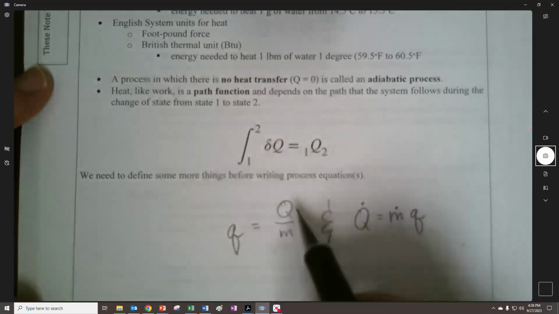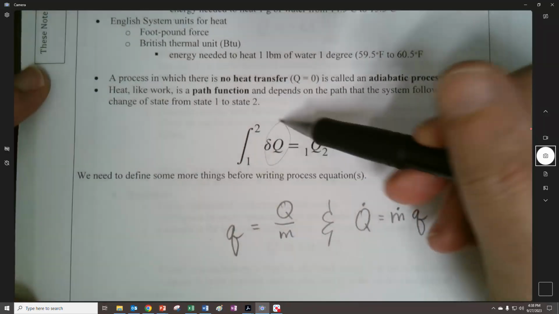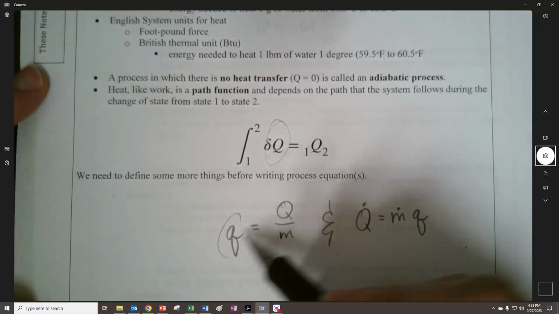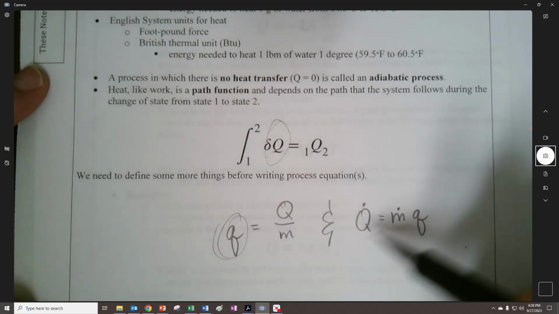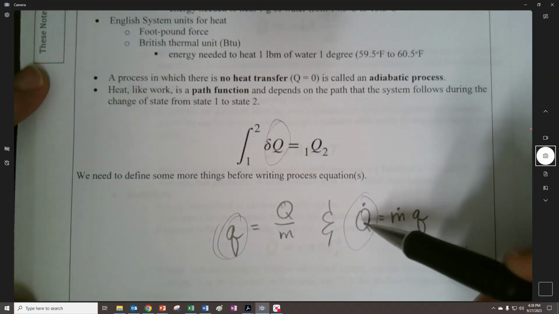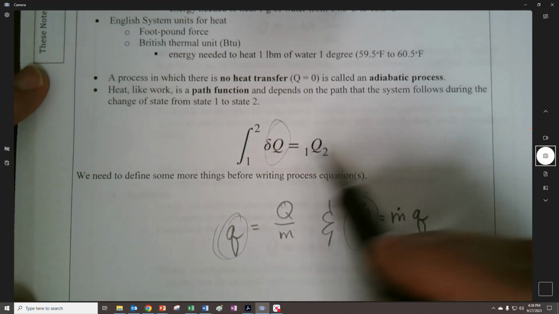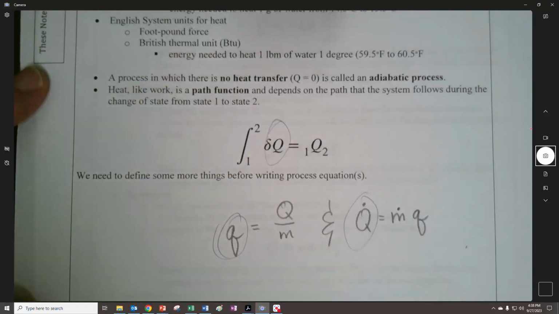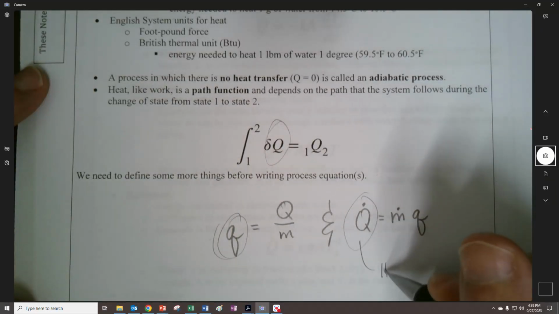So this is sort of like interaction, right? So this is the amount of heat per mass, and then here is the heat rate, right? So here's the flow of heat. Here's how fast or slow it is moving into or out of a system. So these interactions are kind of important. Heat rate.